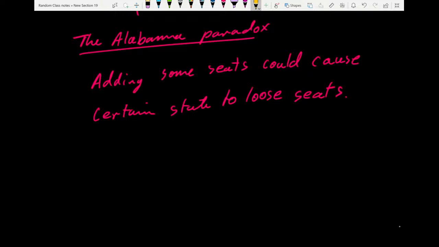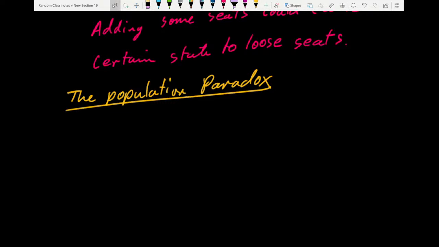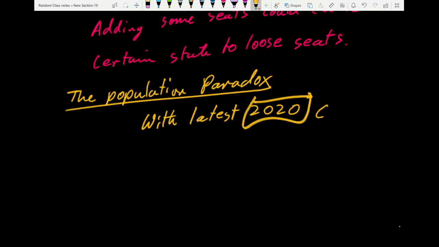The other paradox you have, and this is the interesting one, and that's what we saw with the latest 2020 census. California added 2 million population compared to the last 10 years.